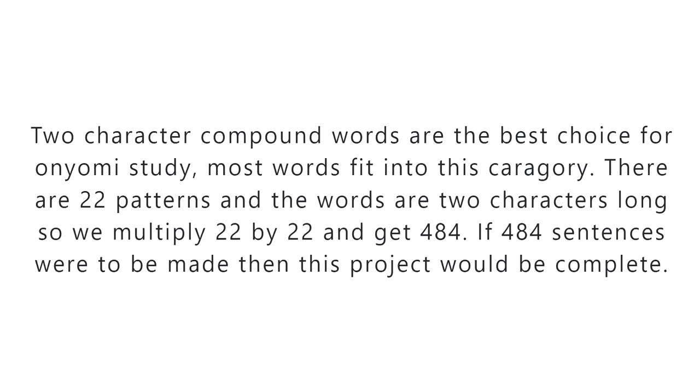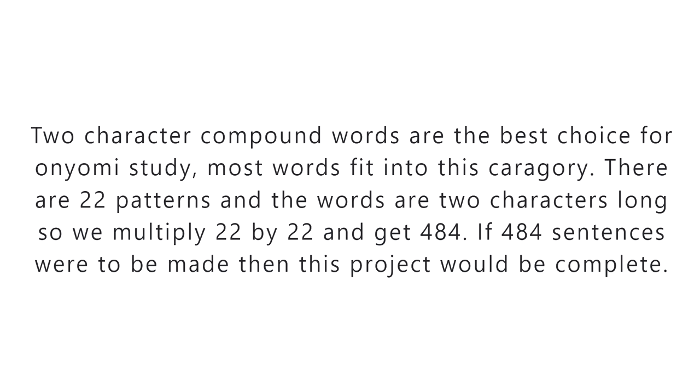Two-character compound words are the best choice for onyomi study. Most words fit into this category. There are 22 patterns, and the words are 2 characters long. So if we multiply 22 by 22, we get 484. If 484 sentences were to be made, then this project will be complete.